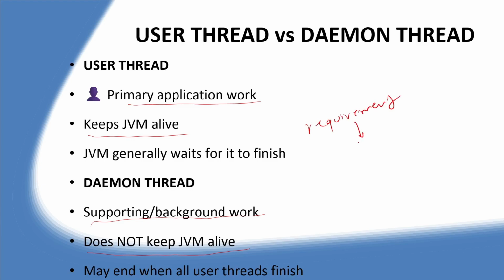If the task must finish, then we should run that task in a user thread. And if there is no hard and fast rule for a particular task to finish, then we can use a daemon thread for it.